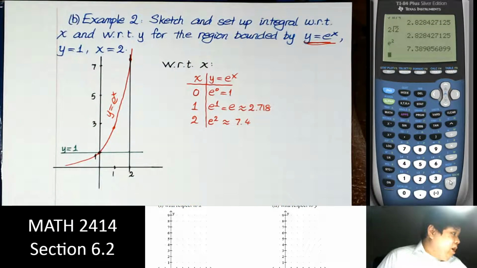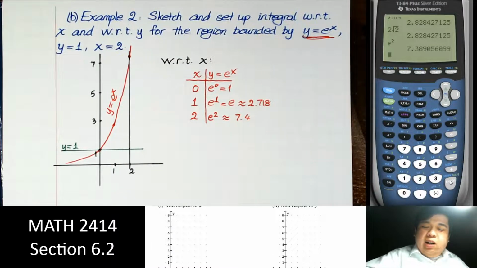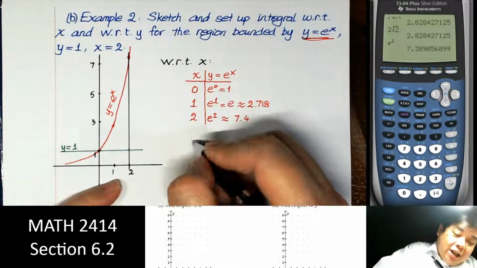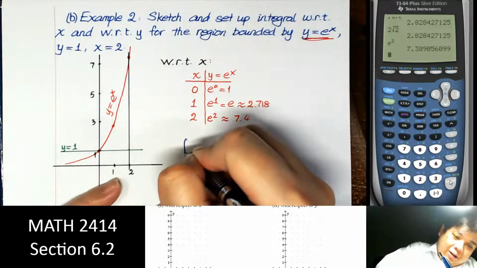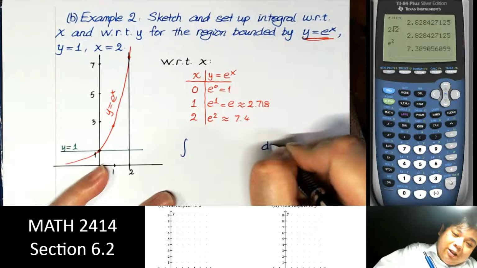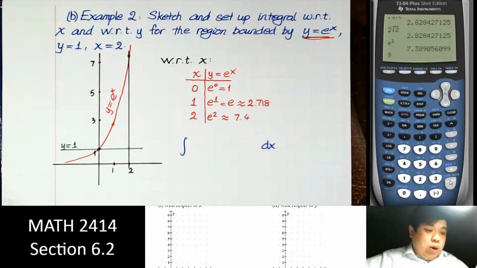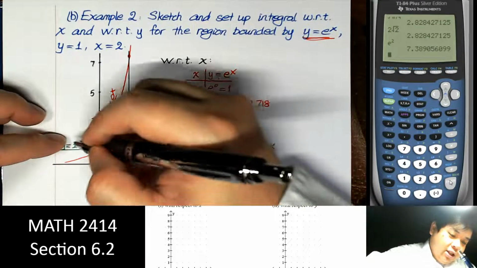I'm going to do this example very slowly because this is very important in calculus 2 and calculus 3 as well. We have to be able to set up the limit, with respect to x. We're talking about this area here.